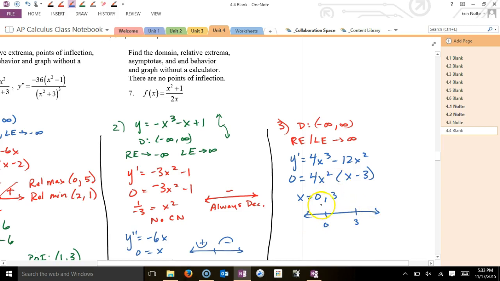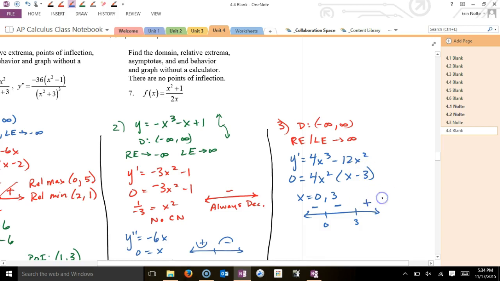Okay, so left of 0, if I plugged in -1, I'd get -4 minus 12, that's negative. If I plug in 1, I would have 4 minus 12, that's negative. If I plug in 4, I would get 4 to the 4th power, which has got to be bigger than 12 times 4 squared.